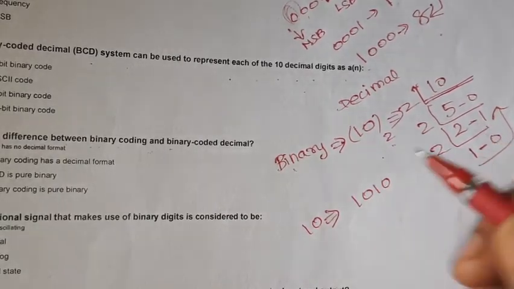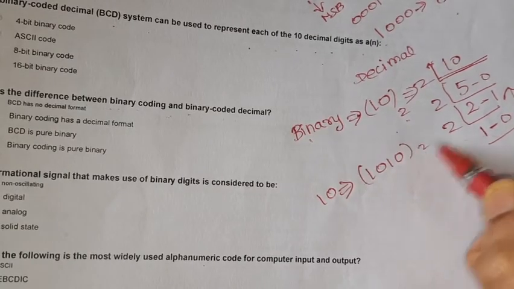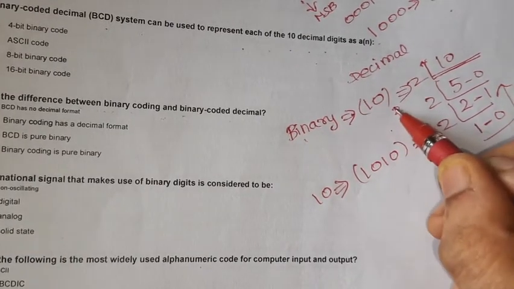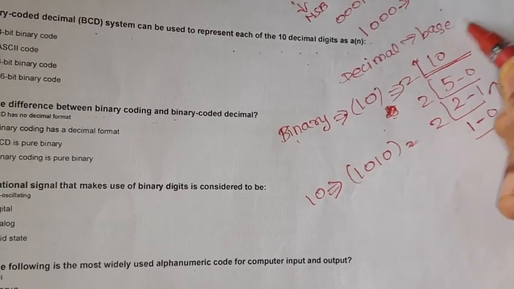Binary coding for 10 is 1010 in base 2. For decimal to binary we use the base 2 method.